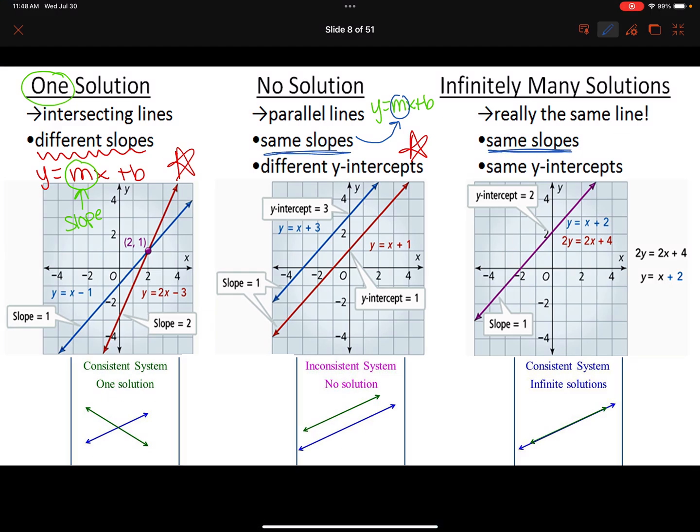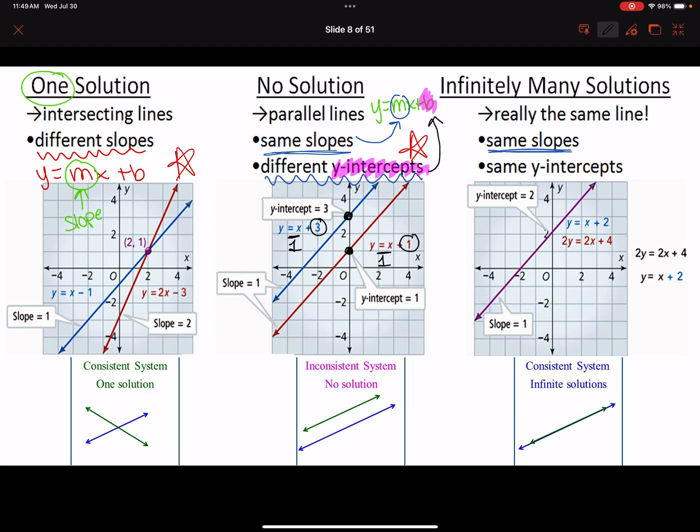However, in a no solution scenario, they have different y-intercepts. Our y-intercept is always the b. That's the number that's on the end. So for example, in this picture here, they have different y-intercepts because we have 3 and 1, which we can see on the graph at 1 and 3. But their slopes are the same.